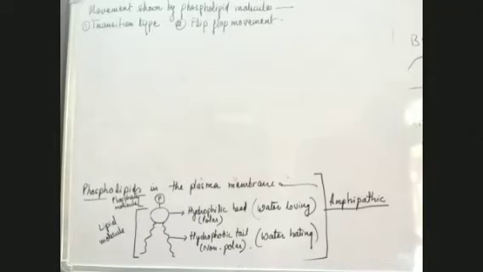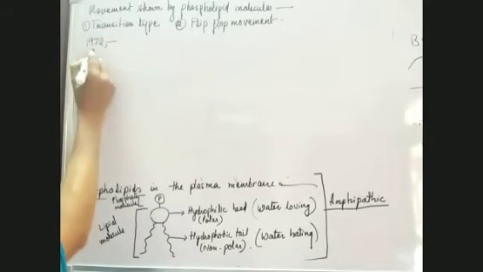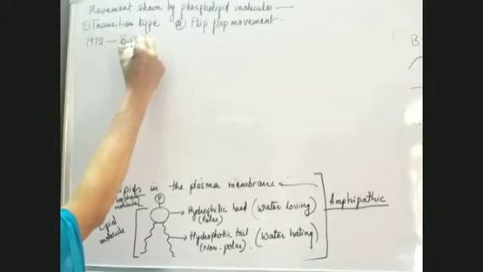So the model of plasma membrane, or the structure of plasma membrane, was given in the year 1972 by Singer and Nicholson.